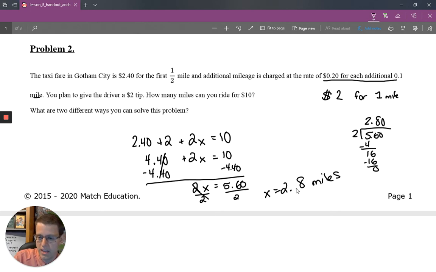We also have this first half mile that we can add back to it. And so we actually end up with 3 3/10 miles that you can ride with those $10. So the $2 for the tip, the $2.40 for the first half mile, you have $10, you can go the additional 2 8/10 miles. You add the original half mile back to that, and you get 3 3/10 miles.